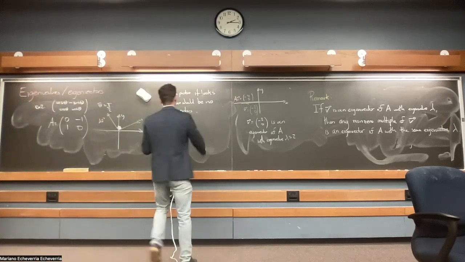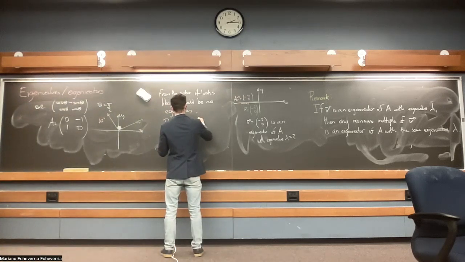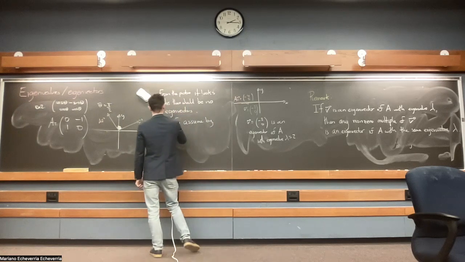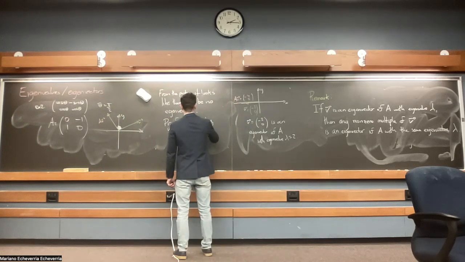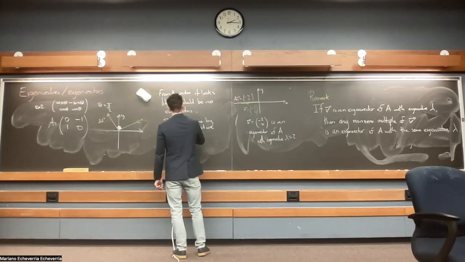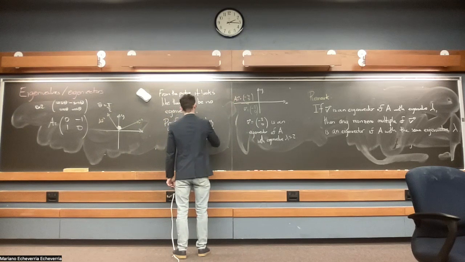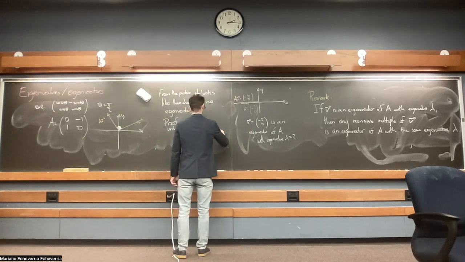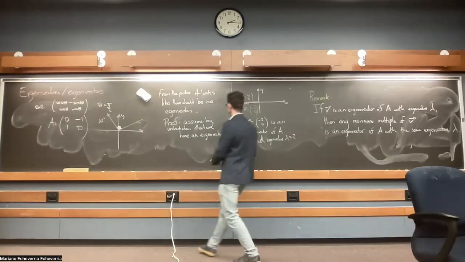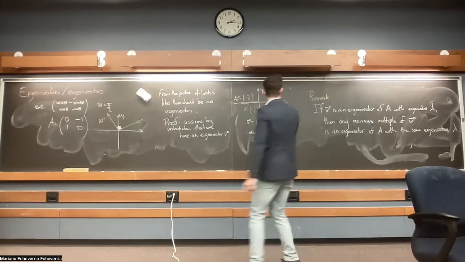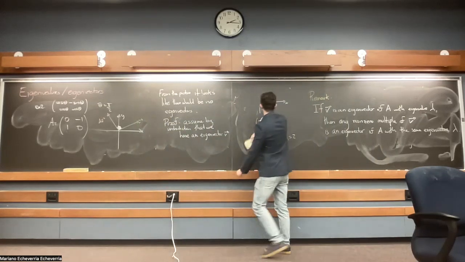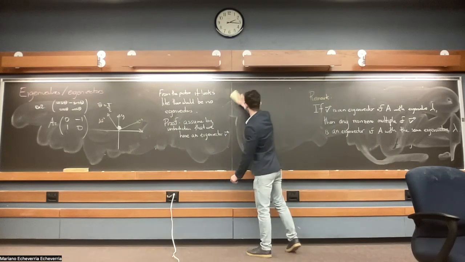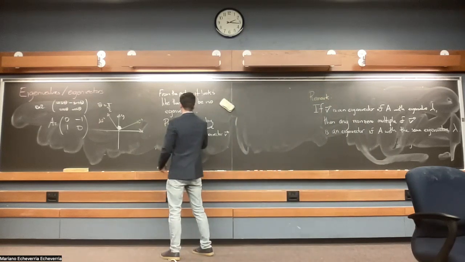So let's assume by contradiction that we do have an eigenvector. What does it mean to have an eigenvector? It means that you have this equation, AV equals lambda V. We have an eigenvector, we have eigenvalue lambda.